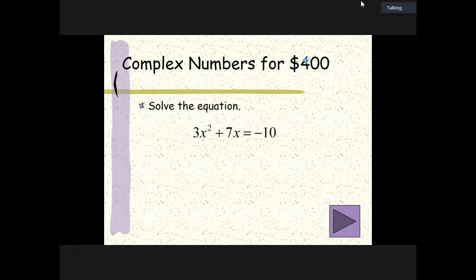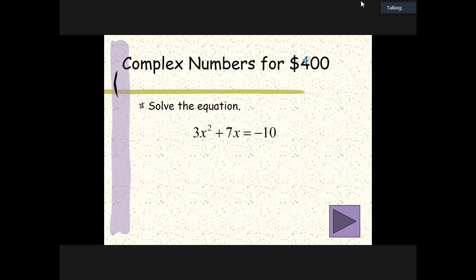Okay, someone said negative b. X equals negative b plus or minus the square root of b squared minus 4ac over 2a. There you go. Alright, now what's the negative b?